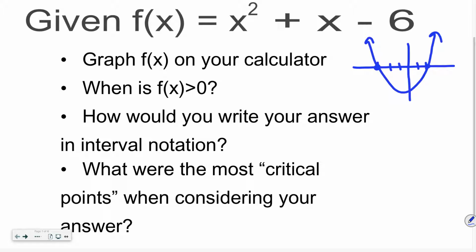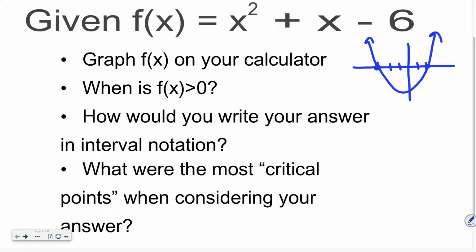Okay. Pod number 2. When is f of x greater than 0? You said that when it crosses the y-axis at 0 and then it just goes up. We weren't really sure. Okay. Let's talk about what f of x stands for in our graph.